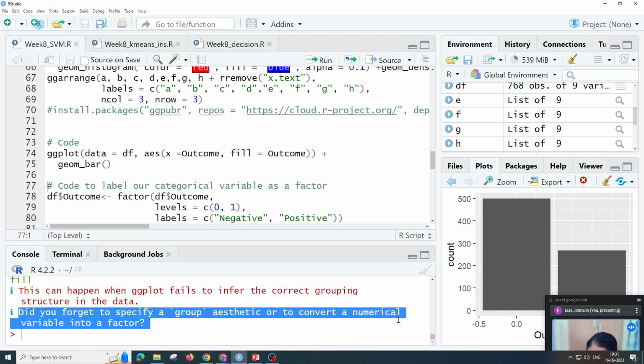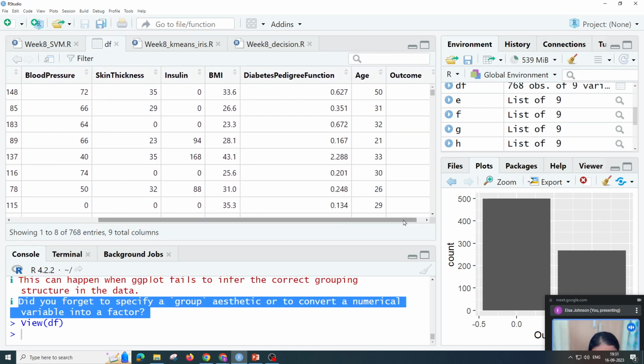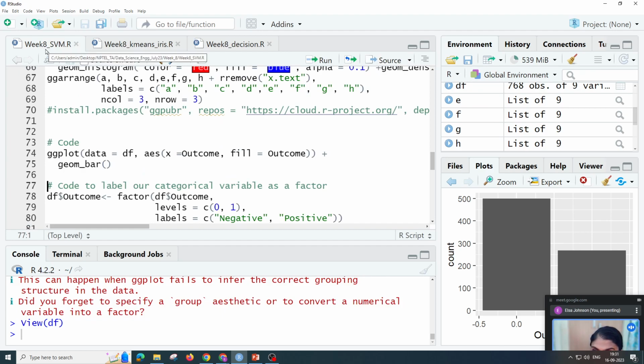Right now this warning has come: did you forget to specify a group aesthetic or to convert a numerical variable into a factor? The data which we had given here is in numeric form, so you can see that the outcome is numeric. Earlier when we had read some different kinds of data, we had changed it to a factor initially itself, and in some other data sets it's already a factor. For example, in the IRIS data set it was already a factor.